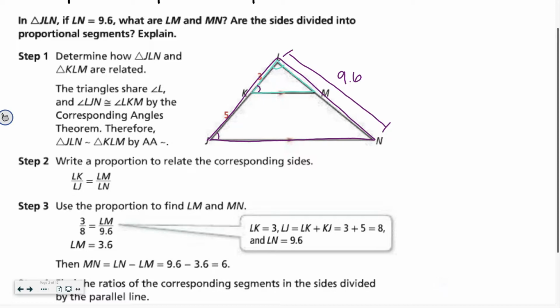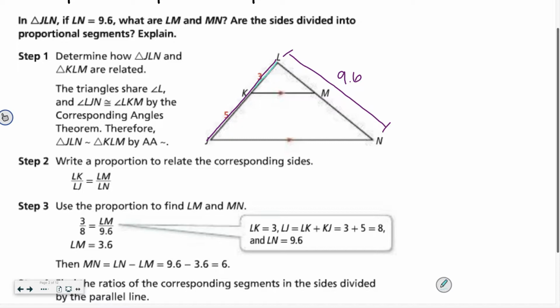So then I can write a proportion relating our corresponding sides. So those corresponding sides that I know is I could say LK and LJ. So those are the corresponding sides, right? LK is our small triangle, and LJ is the corresponding side on the bigger triangle.